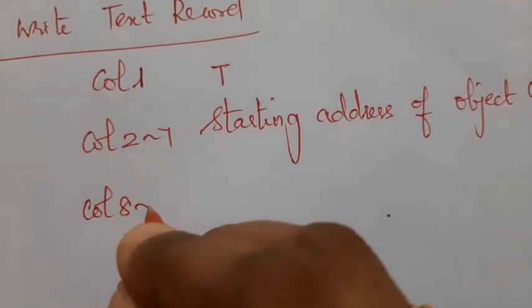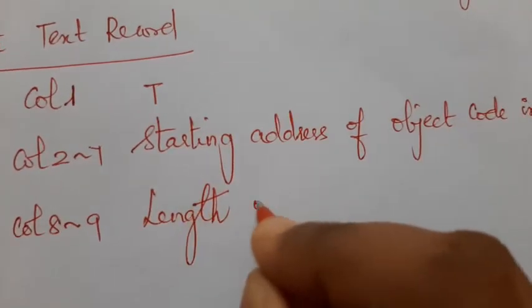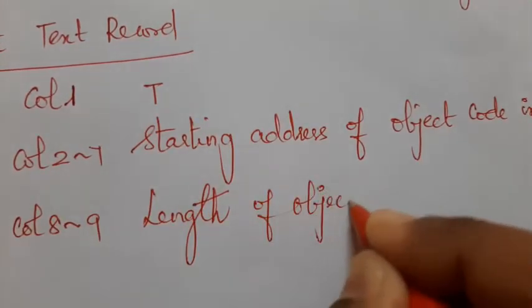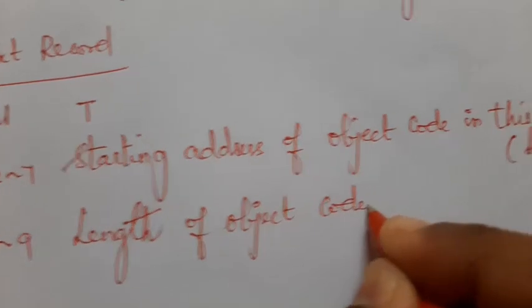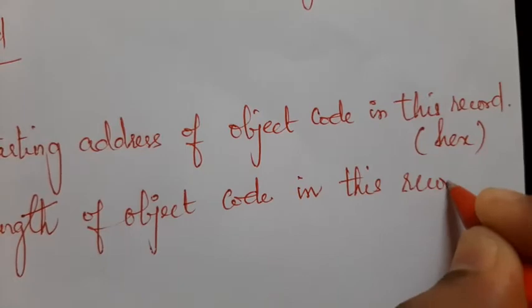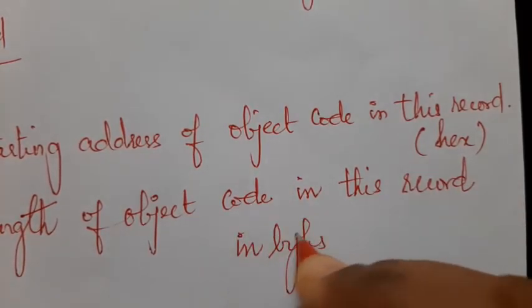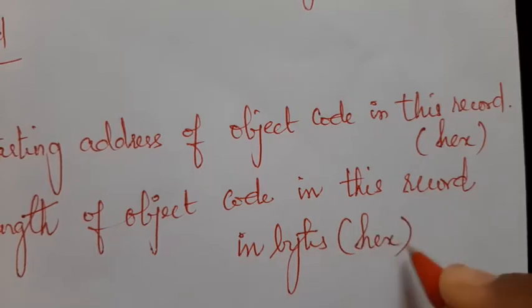Column 8 to 9, length of object code in this record in bytes, hexa format.